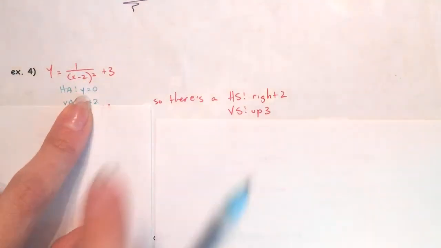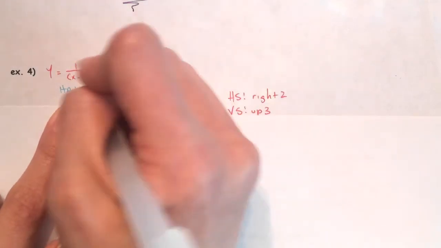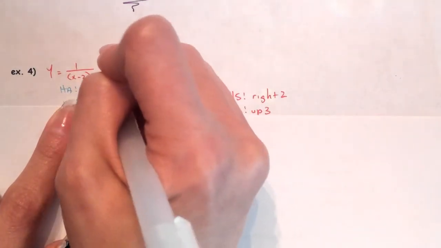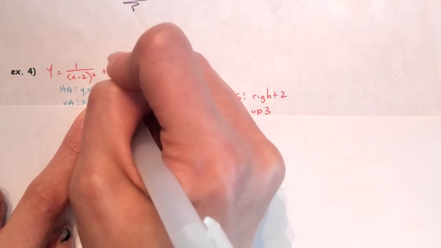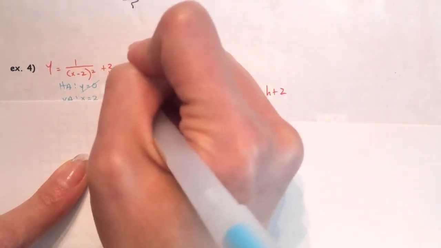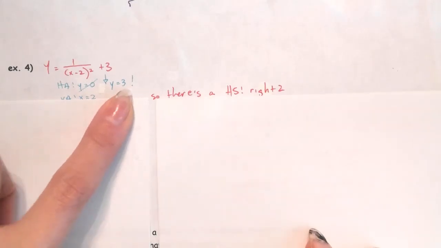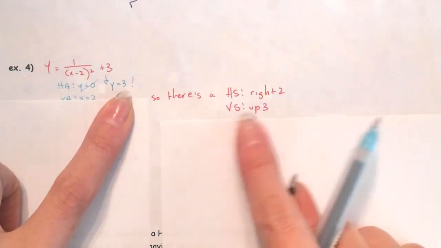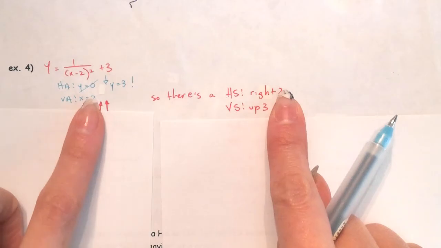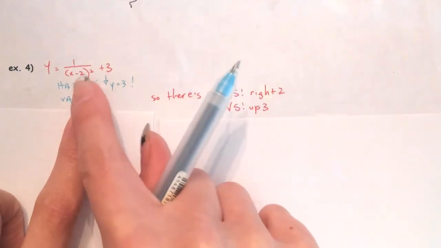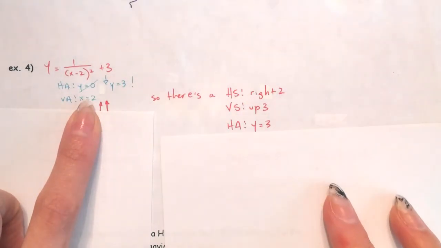Oh, sorry, it says plus 3. So that's why it's y equals 3, and there's a vertical shift up 3, and then this goes right 2. So you can tell right here with your transformations.